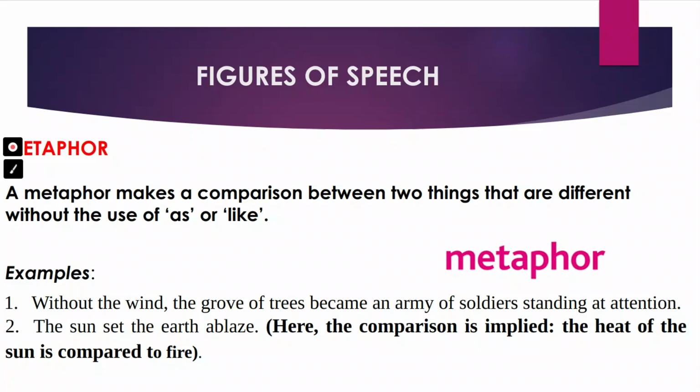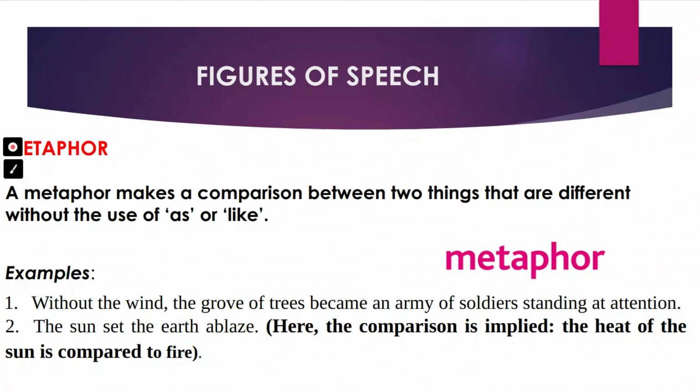So the grove of trees, without the wind blowing through them, they are basically standing still. So that is the meaning that the comparison is trying to convey. And notice that this comparison does not rely on the words as and like. So this comparison does not depend on the word as or like in order to facilitate the comparison.